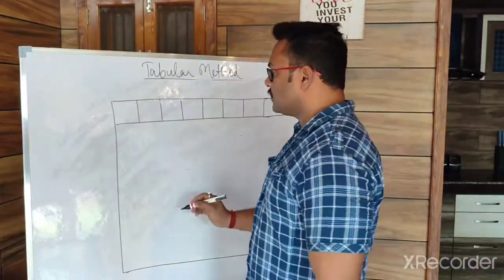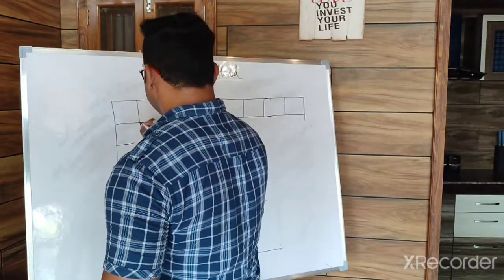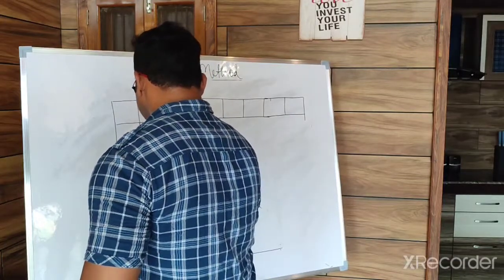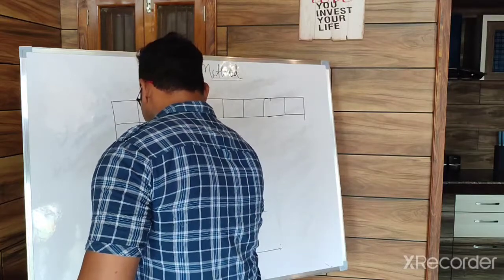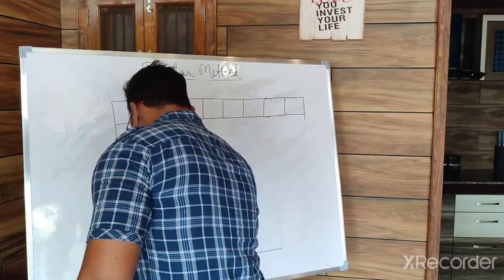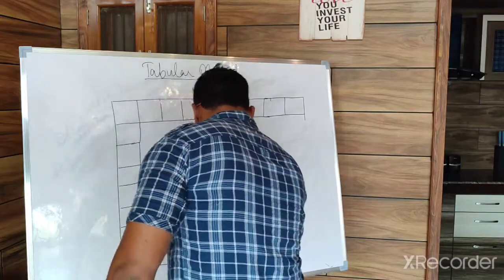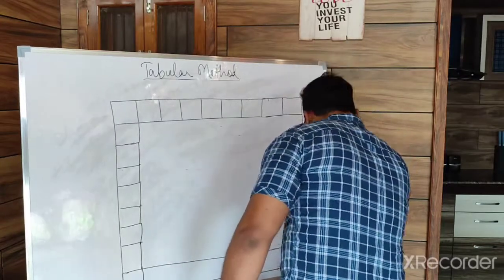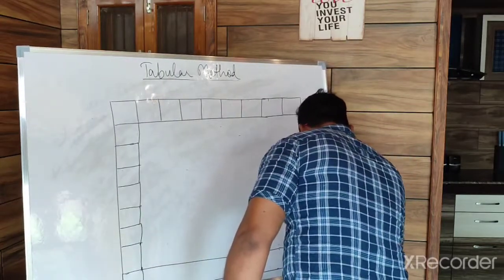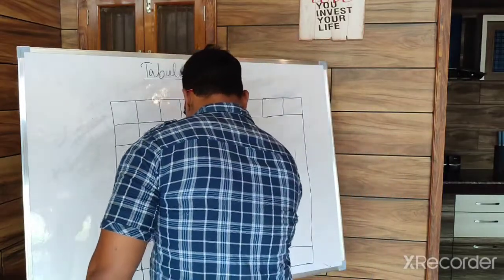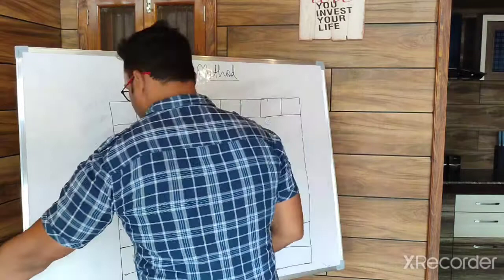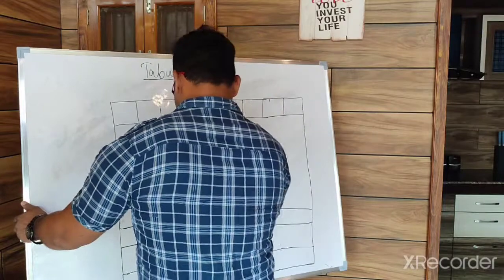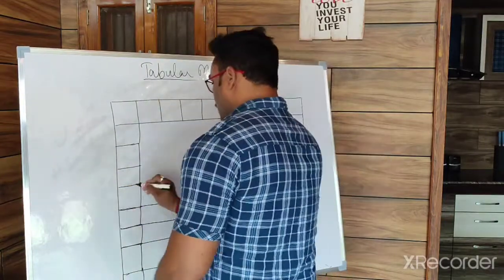So 9 this way also you have to make. First of all, you make the boxes. Nine boxes.